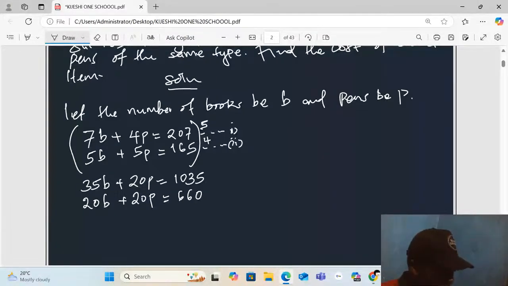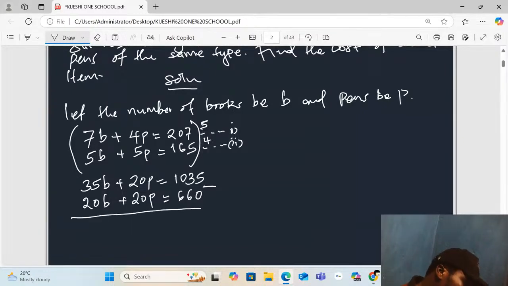So to eliminate P, we have to subtract equation 2 from equation 1. Therefore, we're going to subtract so that we eliminate P. So we shall have 35 minus 20, which is 15B. And we've eliminated P, whereby we are taking 20 minus 20, which is 0.